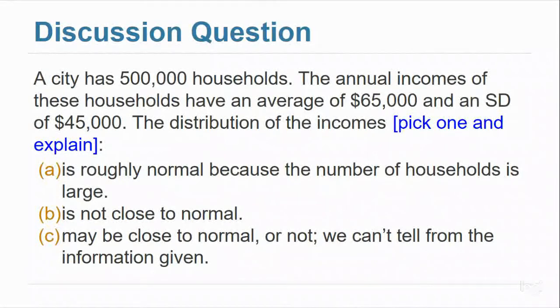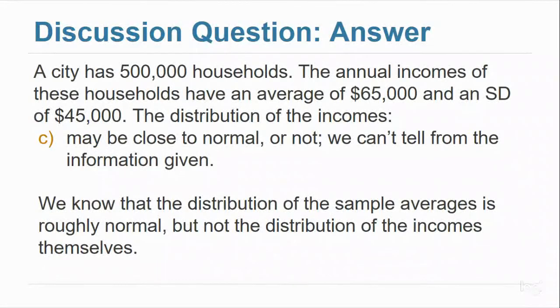The distribution of the incomes may be close to normal or not. We can't tell from the information given. We know that the distribution of the sample averages is roughly normal, but not the distribution of the incomes themselves. In fact, income tends to have a skewed distribution, highly skewed to the right.